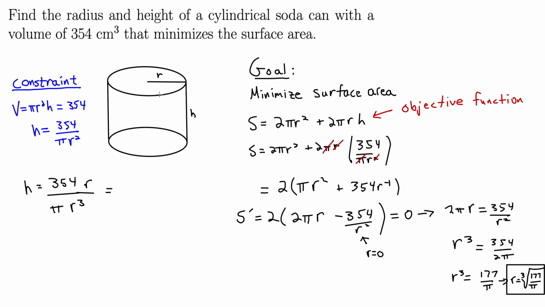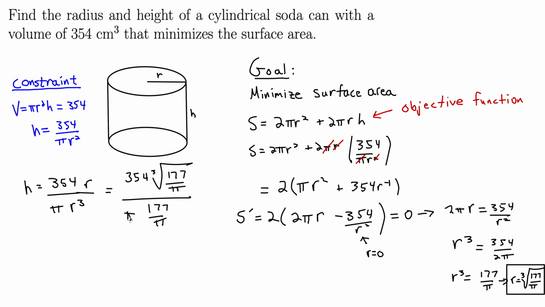Now when we go to plug in our r, we have 354 times the cube root of 177 over pi, and I swear this is going somewhere, all over pi, and then r cubed is 177 over pi. Okay. Now, here we go.